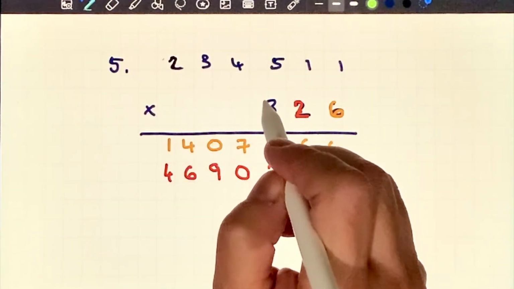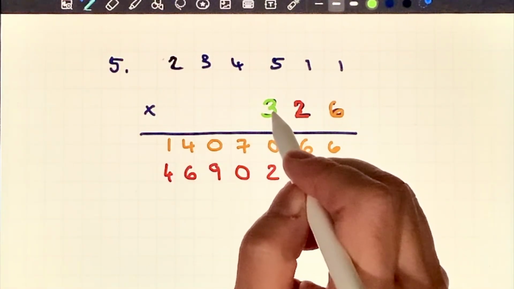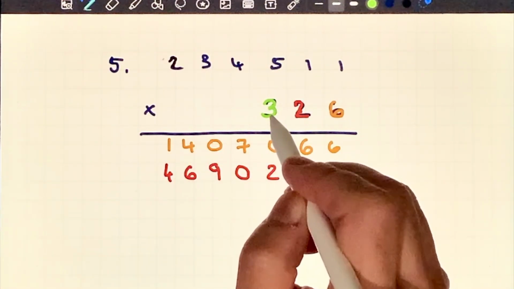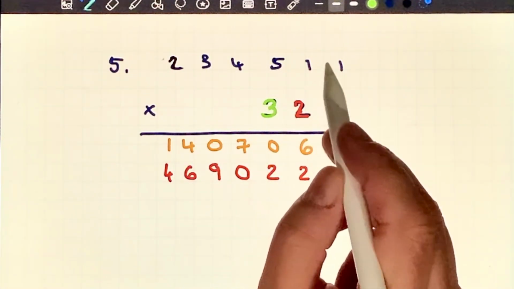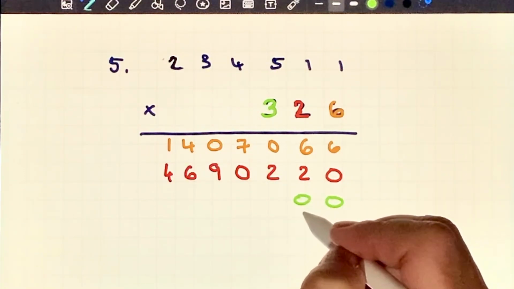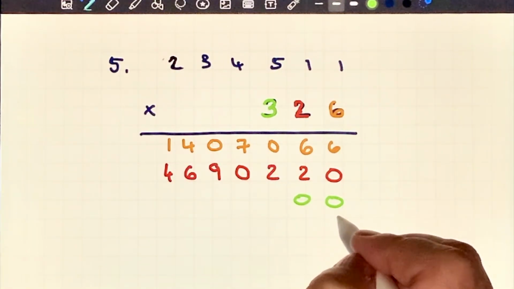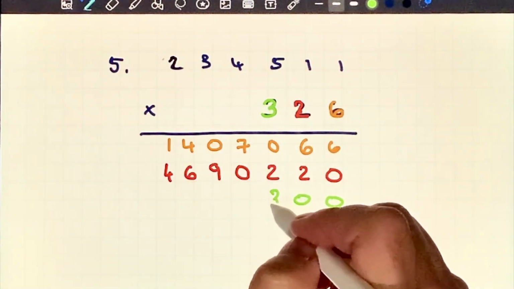Now moving on to our last digit, which is a 3, and because it's in my hundreds column, we know it's representing 300, and for that reason we're going to put in 2 zeros as placeholders. So 3 times 1 is 3.